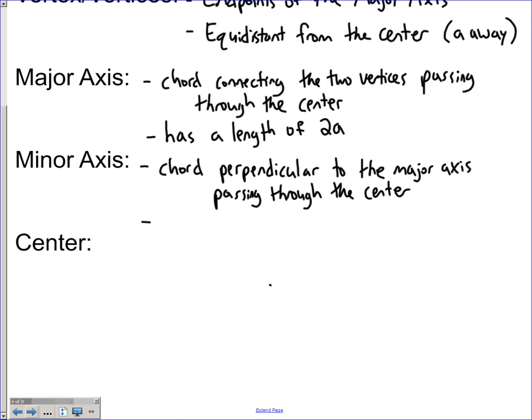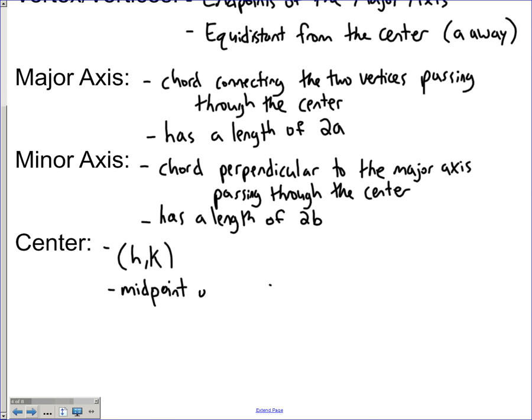And this one has a length of 2b. Okay. Finally, our center, as we've already found for a circle, we call HK, and it's the midpoint of both major and minor axes. Okay, so it's kind of the middle of all this action.